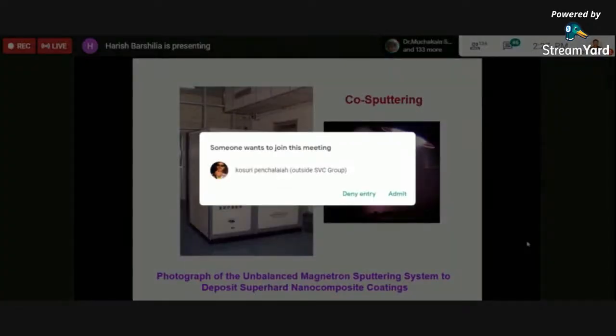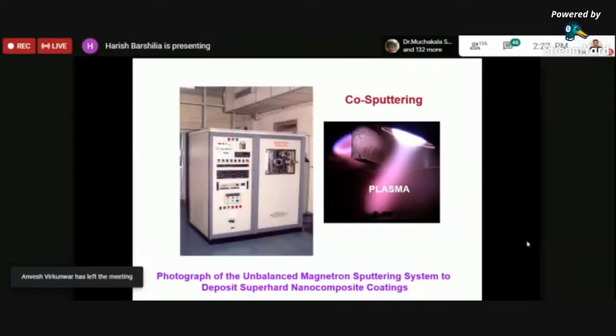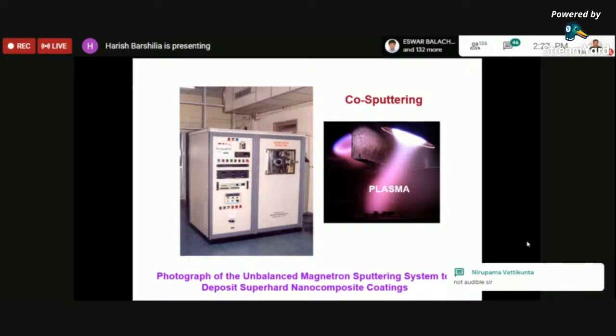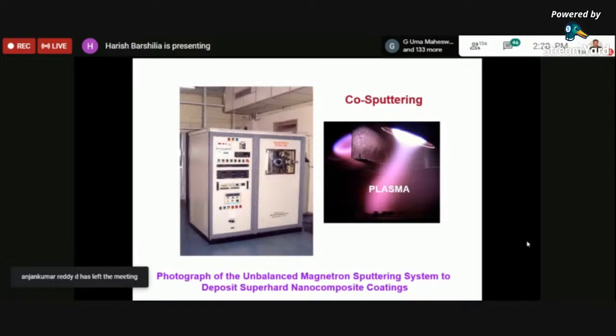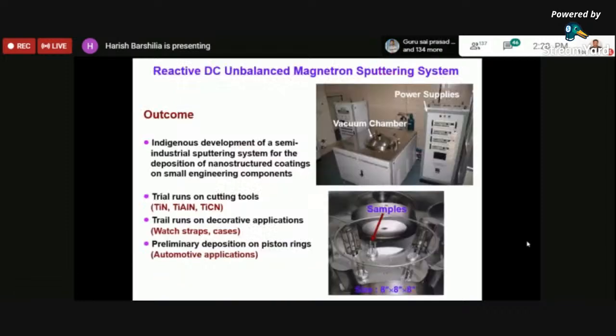What you can do is that you have two titanium targets, and then you can insert nitrogen and other gases in the chamber, and then you can either deposit titanium nitride, or you can deposit titanium carbonitride, or if you allow some oxygen in the chamber, you can deposit titanium oxide also. So we have a gamut of possibilities wherein you can develop a large number of coatings.